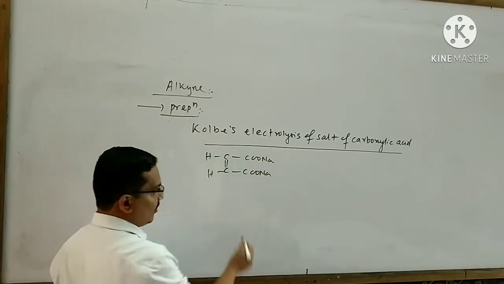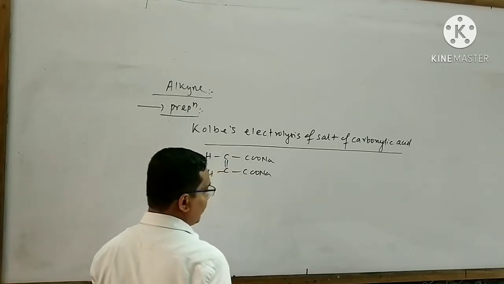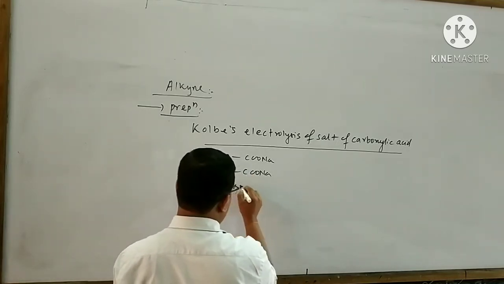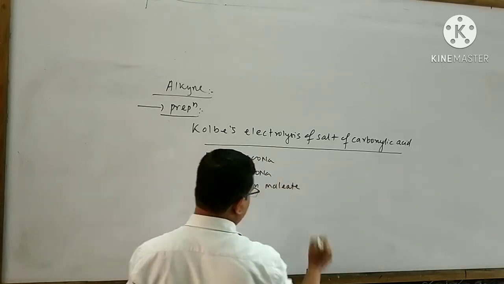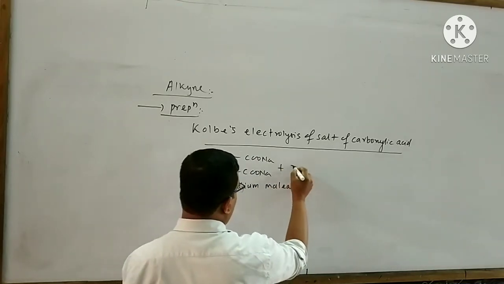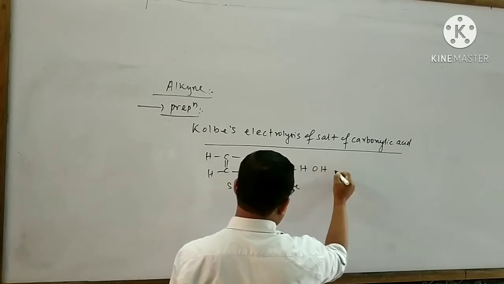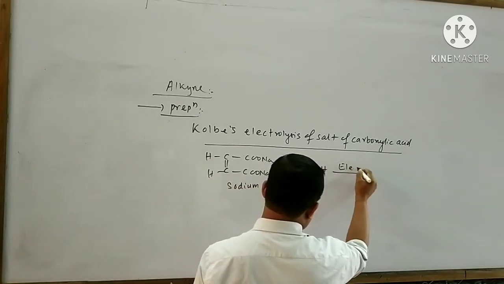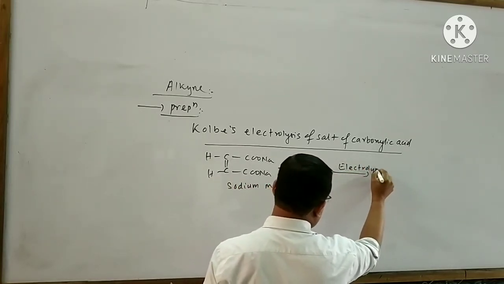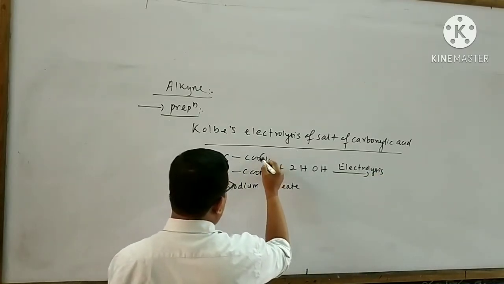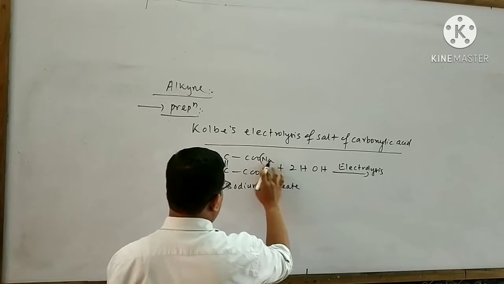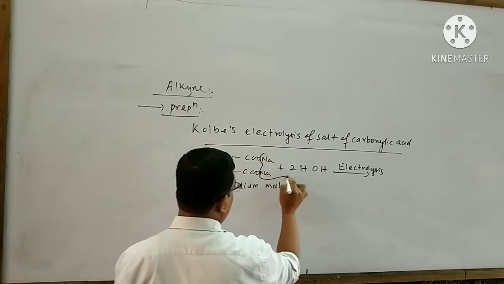The name of this salt of carboxylic acid is sodium maleate. When sodium maleate undergoes electrolysis, then what will happen? Look at that. At first, remove 2 molecules of sodium hydroxide like this.